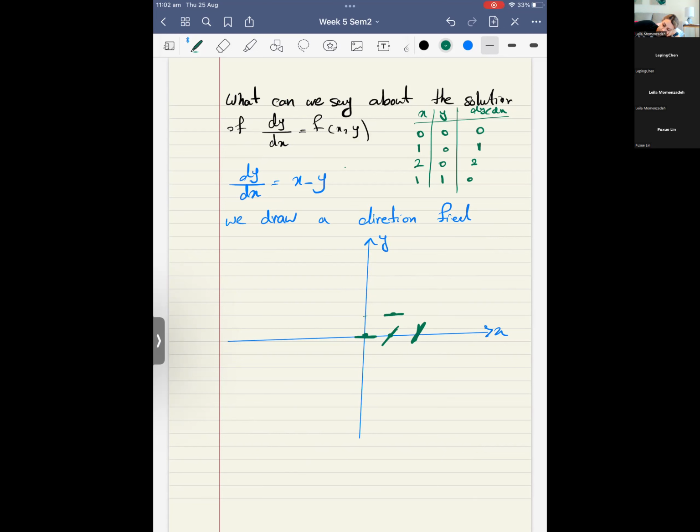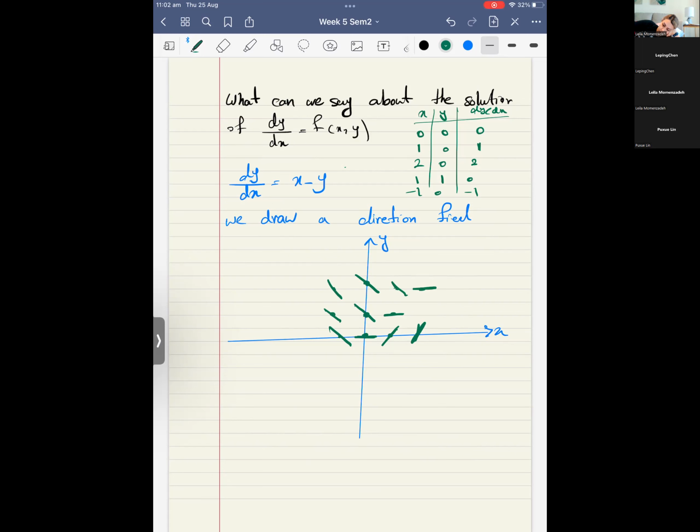If I put minus 1 and 0, the slope is minus 1. It looks like this. If I put minus 2 and 0, the slope is minus 2.